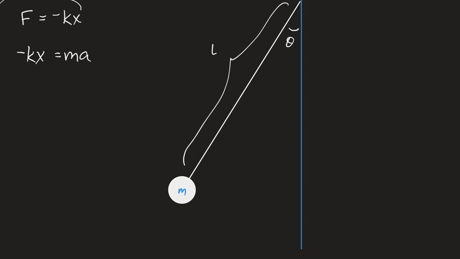So let's start by looking at the forces acting on the pendulum. Can you agree that there's two? We already had this conversation. Let's go ahead and draw them in. There is mg downwards and tension along the rod that's holding the pendulum.